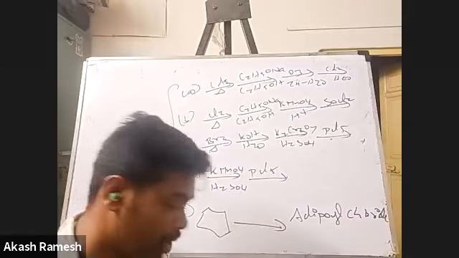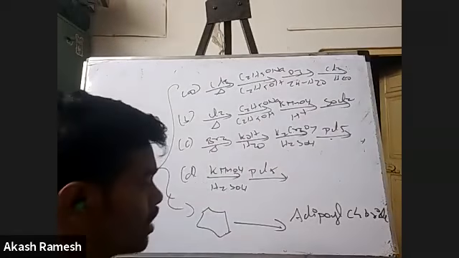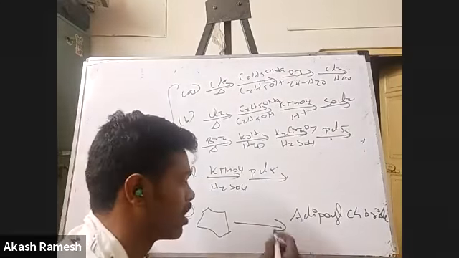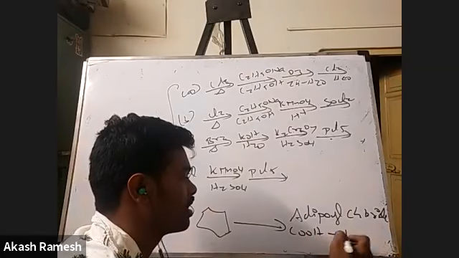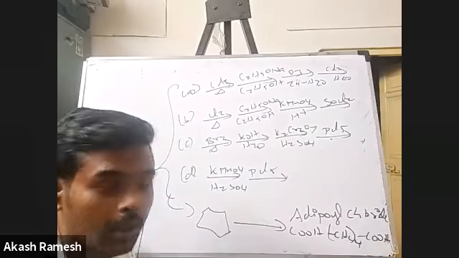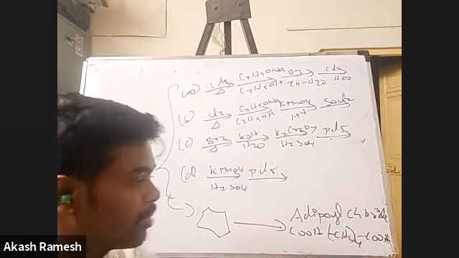Guys, you need to know certain acids. You already know oxalic acid, COOH and COOH. Adipic acid is going to be like this: COOH, CH2 4 times, COOH.